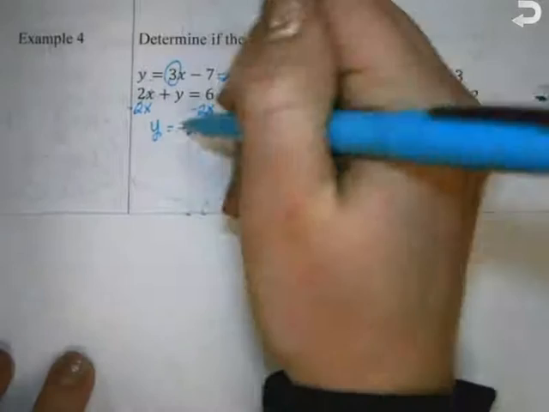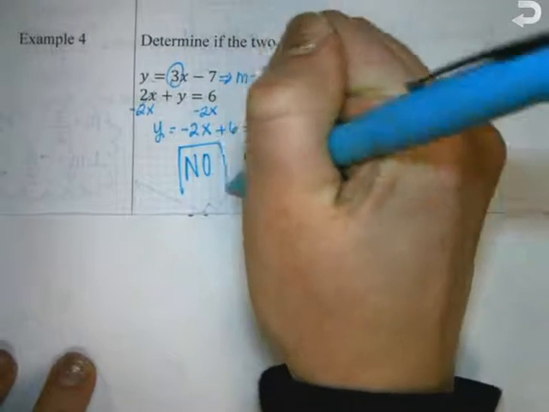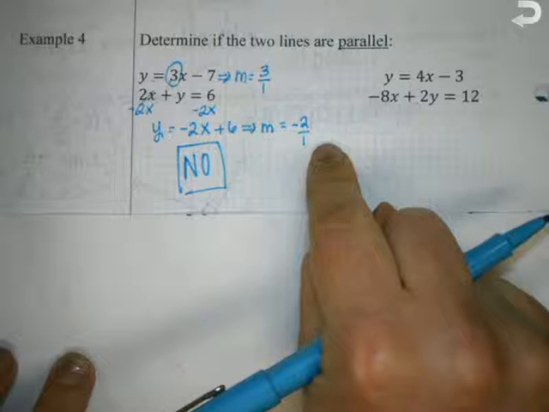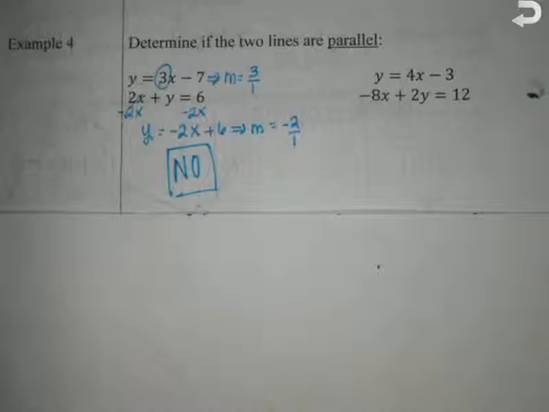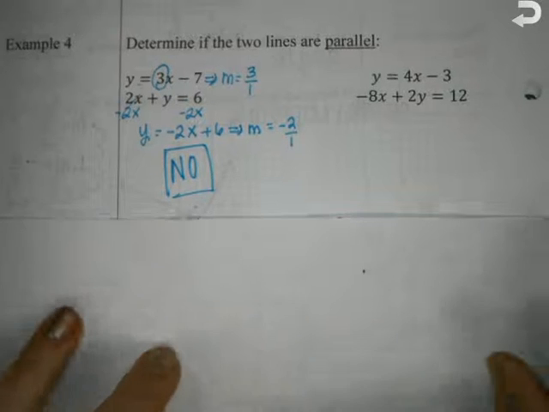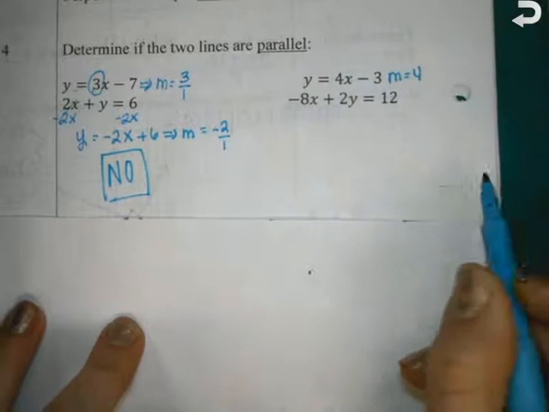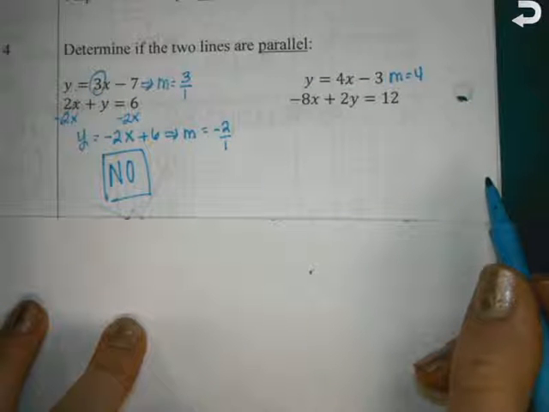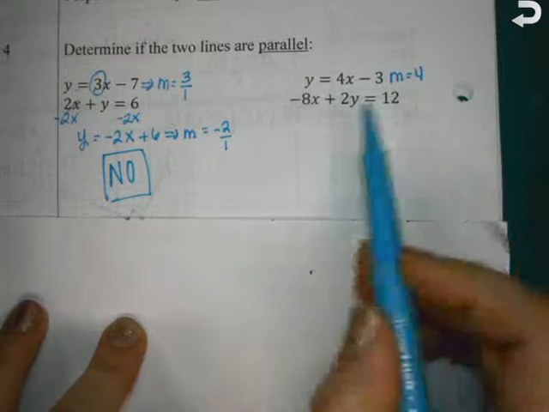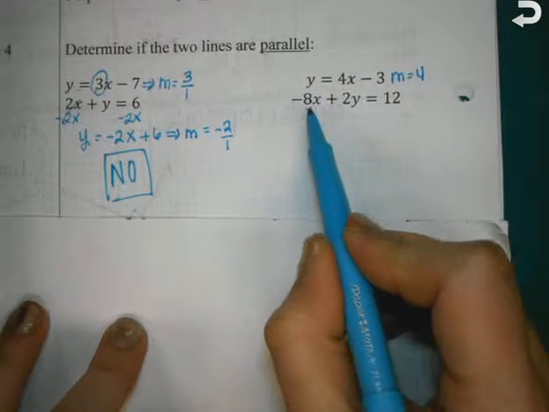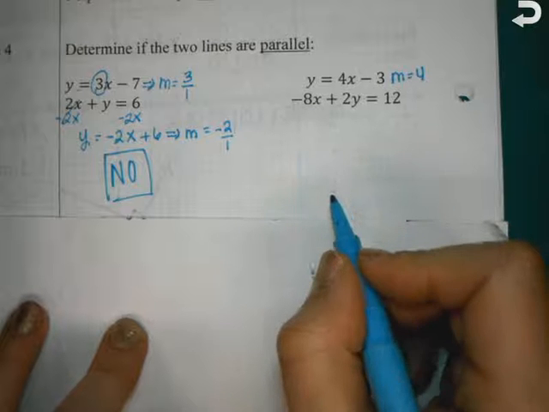Okay, part B. What is the slope of the first line? 4 over 1. Good. Positive 4. What about this second line? I need to solve for y, so what do I do? You want to say add 8x, right?